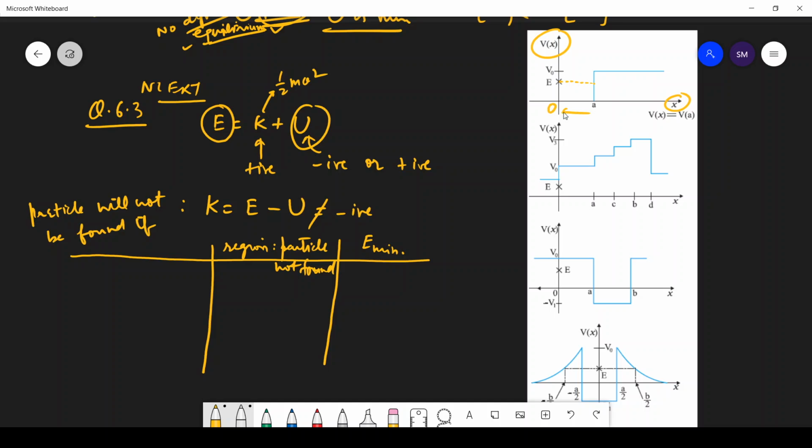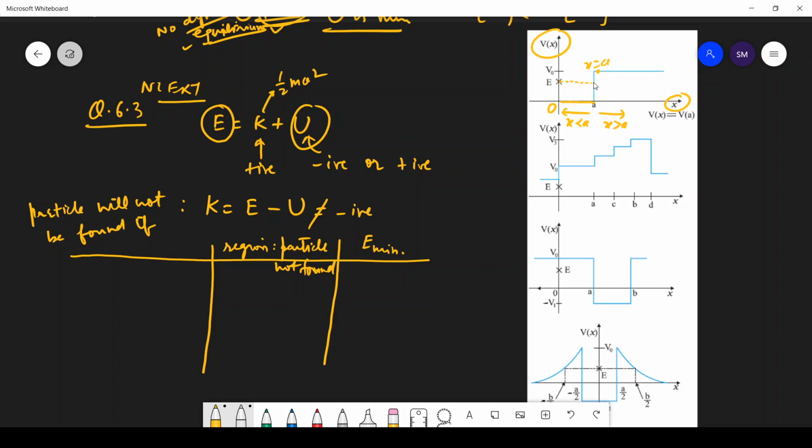This portion means x is less than a, and this portion means x is greater than a, and exactly at this point x equals a. For x less than a, you have no issues.